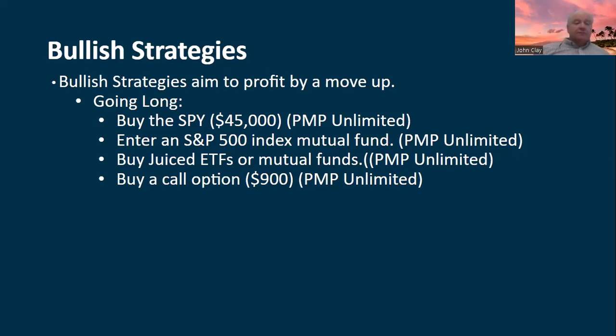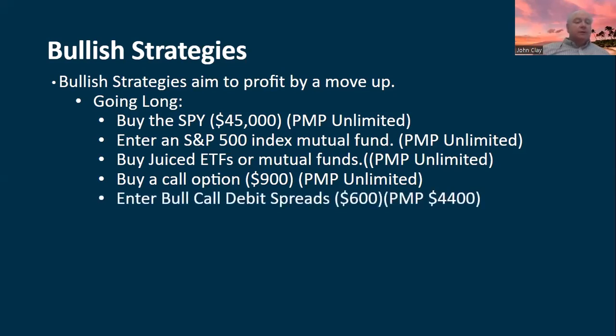To actually own 100 shares, that would be 45 grand. To control 100 shares for a certain period of time, that would be $900. Okay, do the math there. Would you rather risk 45 grand or 900? A lot of people are like, well, yeah, I'd rather do the 900 and then keep the rest of my money in a different place that's safe.